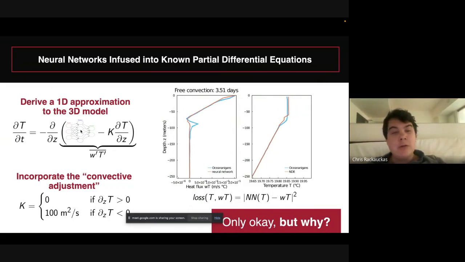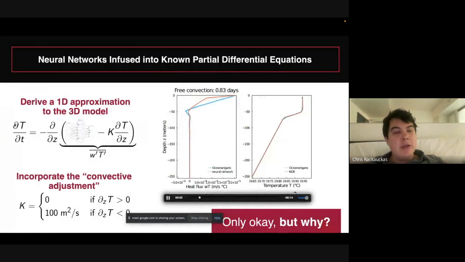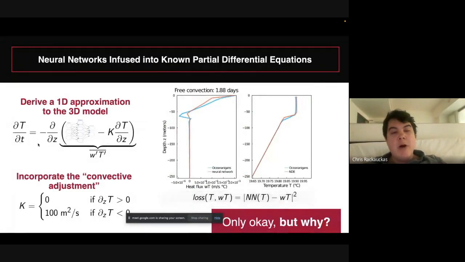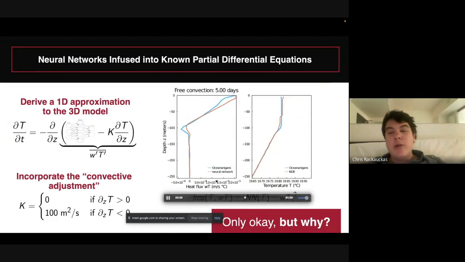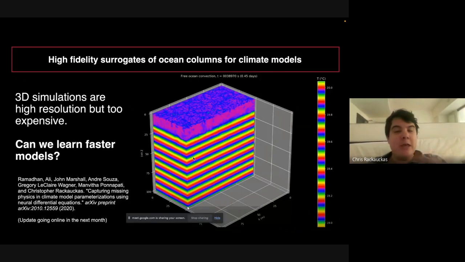If this is my model, and I have a three-dimensional simulator for the temperature changes in this ocean column, I can take the average horizontal temperature fluxes, that's supposed to be this dT/dt, calculate all these other terms, find out what my residual is, and directly fit the neural network on the residuals against each of these data points.